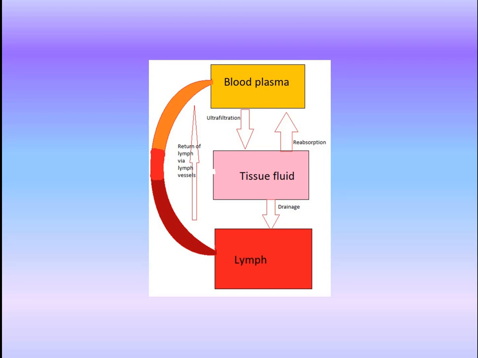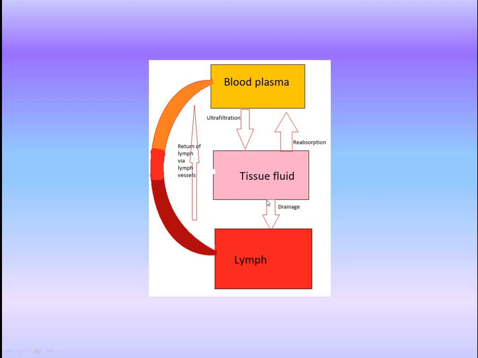Okay, so this is just a diagram to show the overall flow. The liquid part of the blood plasma is filtered out by ultrafiltration. Most of the tissue fluid will be reabsorbed into the capillaries at the venule end.